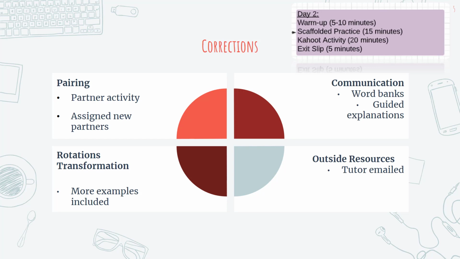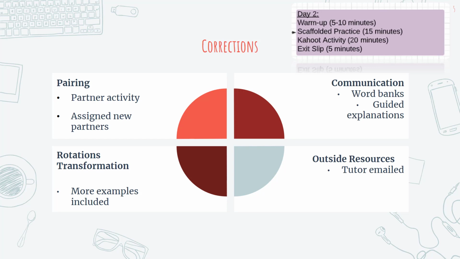To increase communication, word banks were given to each pair of students to help them realize what mathematical terminology should be used. Guided explanations were also given for some questions where the beginning was started for them and all they had to do was finish it.